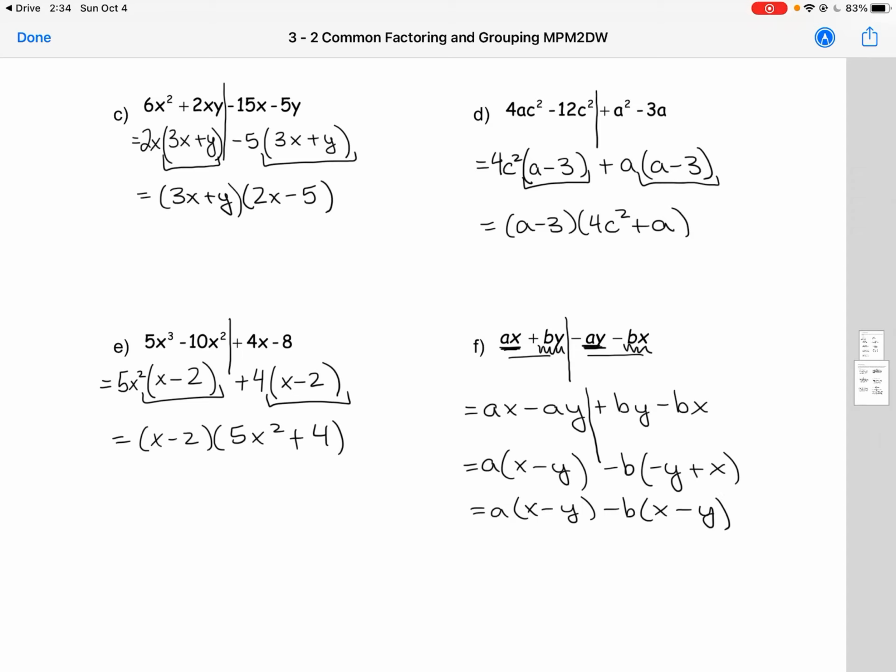I only factored out the b so that my x minus y was the same as the binomial in my first bracket. Now that I've done that rearranging or that grouping, I can take out x minus y as my common term, and that will leave me with a minus b as my leftover. This is one type of factoring, how to rewrite a polynomial as a product.